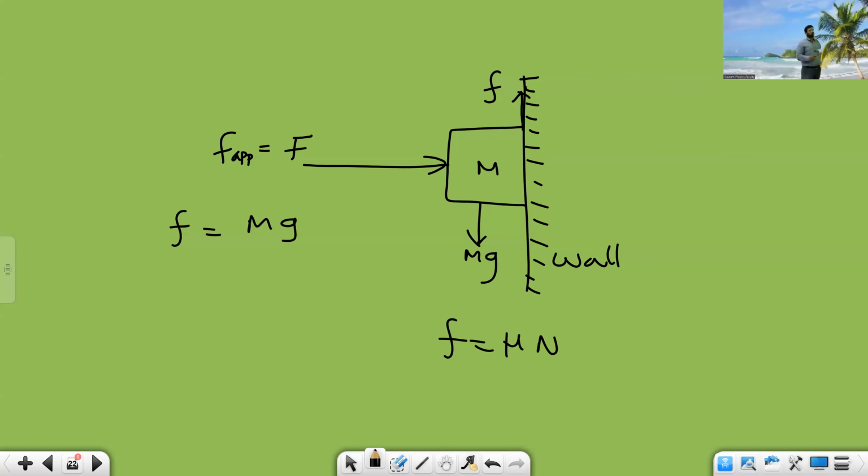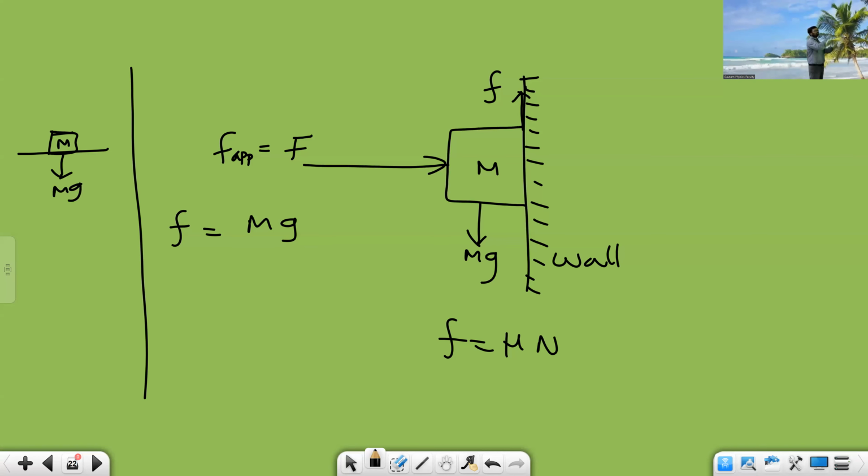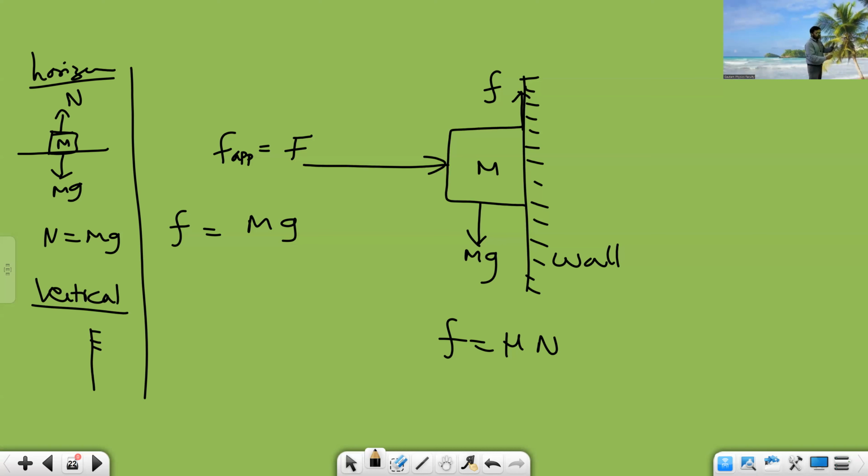Here, one thing you have to do, don't forget. On a horizontal surface, when the block is there, we wrote mg, and normal reaction acting upward, N equal to mg. But now the body is on a vertical surface.